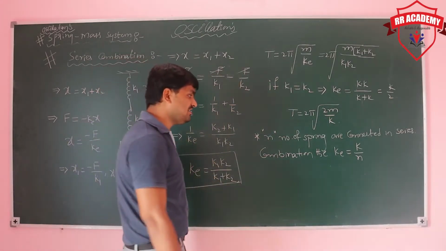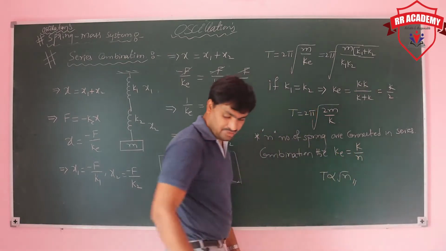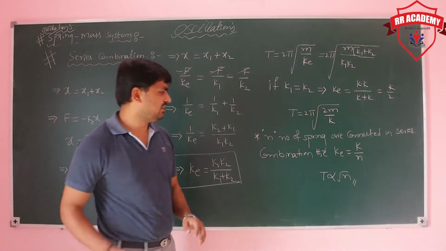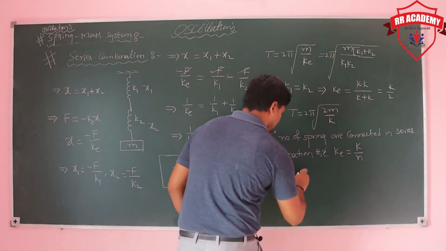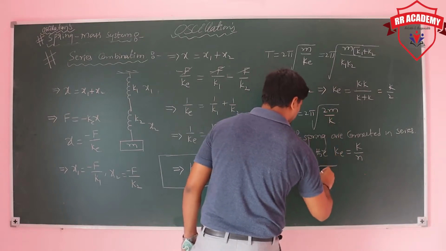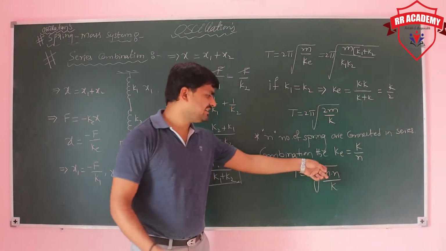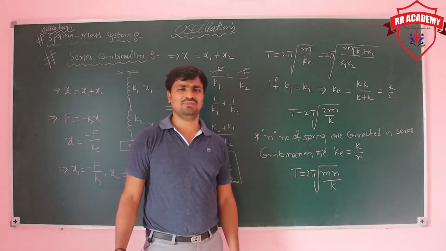Then the time period increases to root n times. How? Time period T equals 2 pi into under root of m into n upon K, where n is nothing but the number of springs.